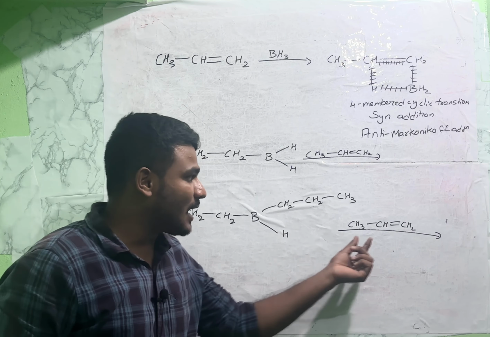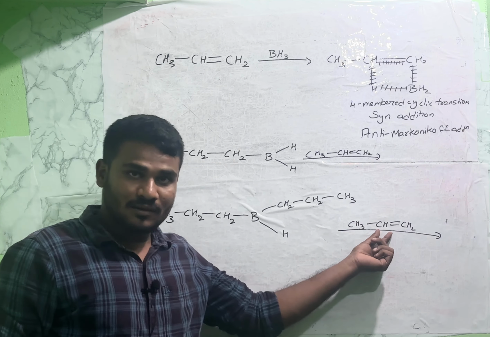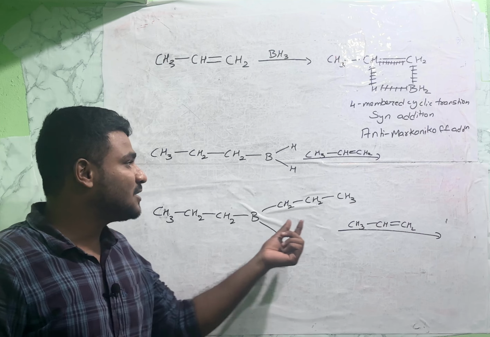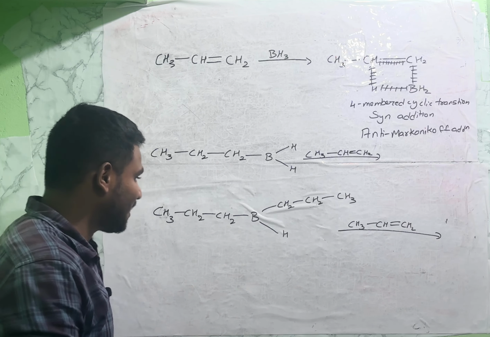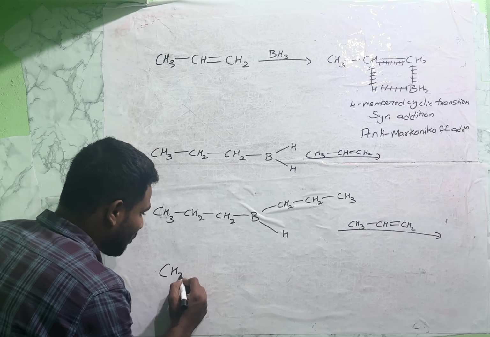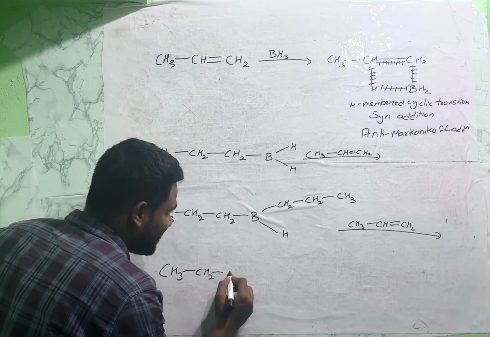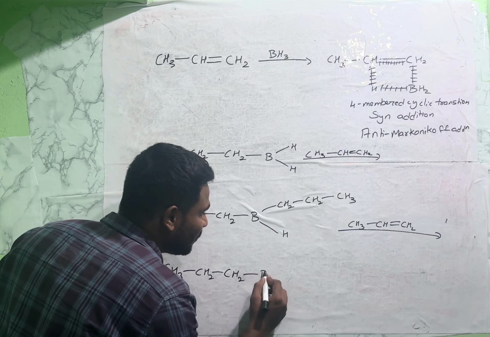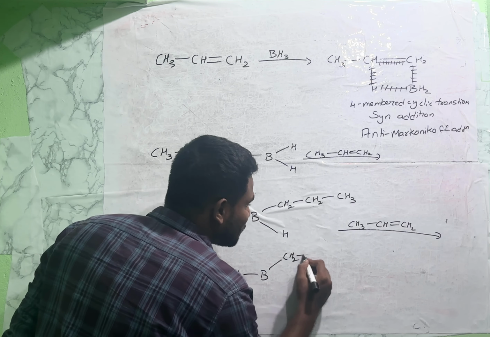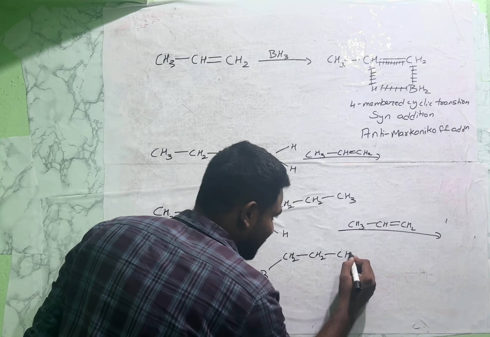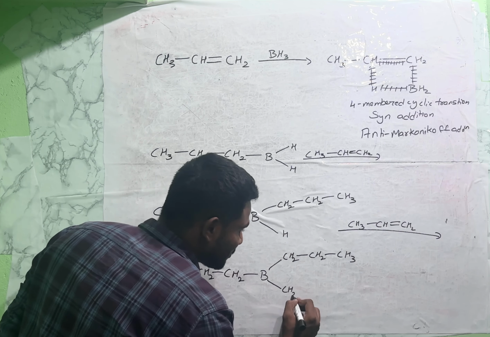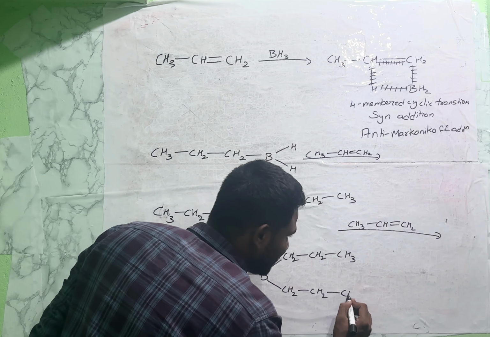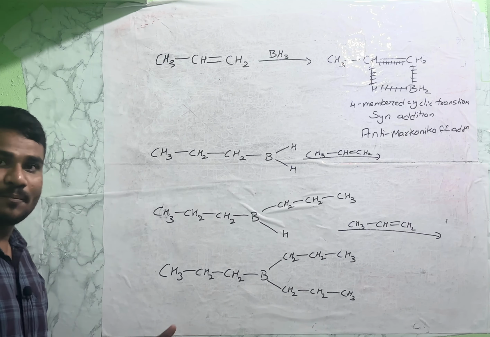This H is going to add to the more substituted carbon, and this B is going to add to the less substituted carbon. In the next step, the product will be CH3, CH2, CH2, B, CH2, CH2, CH3, CH2, CH2, CH3. This is the product.